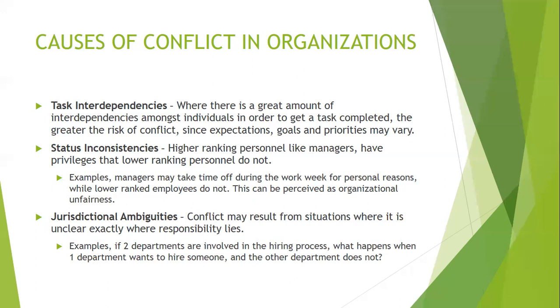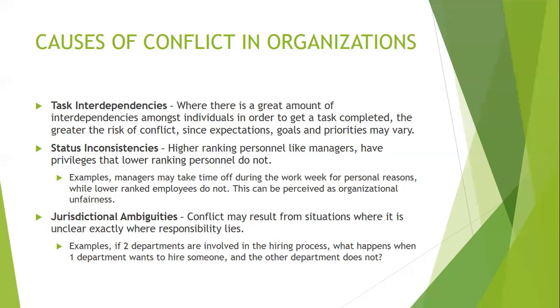Additionally, we also have jurisdictional ambiguities that can lead to conflict within organizations. For example, you may have conflicts that result from situations where it is unclear exactly where responsibilities lie. An example of this is where you have two departments involved in the hiring process.